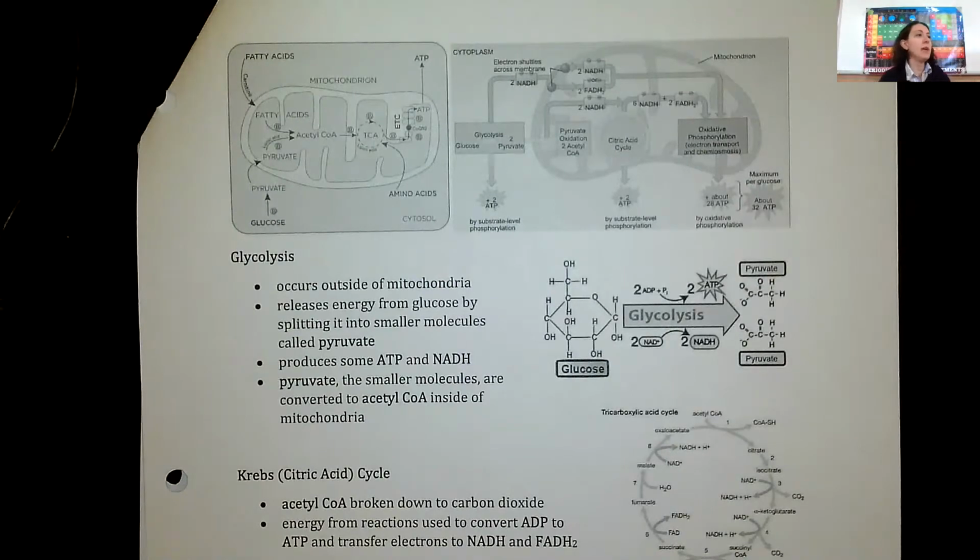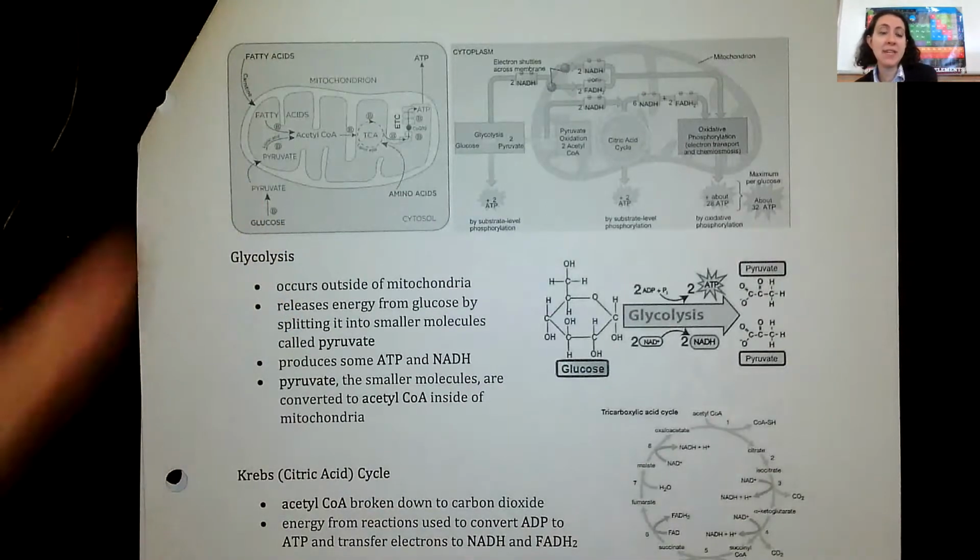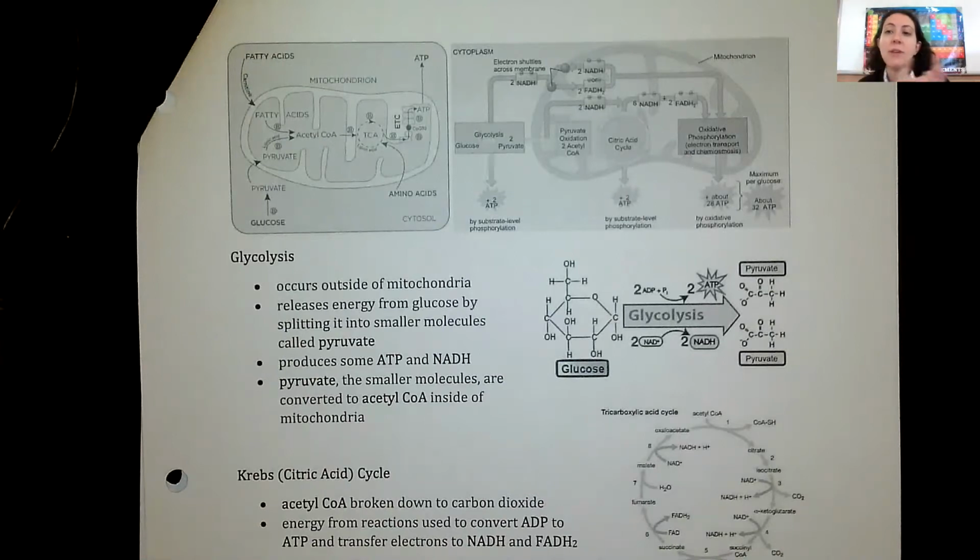I'd always thought about that, right? Carbohydrates and proteins and fats all give you calories, meaning that we can eat those things and get energy out of them. And I had always wondered what the actual process was that allowed that to happen. And it turns out it's all the same basic process, but these different molecules enter the cycle in different places.